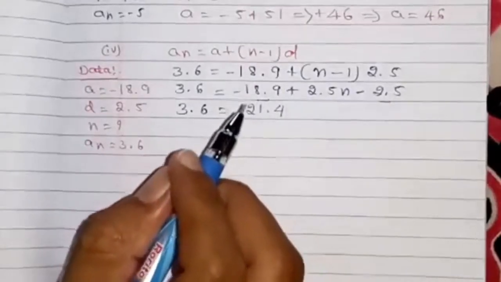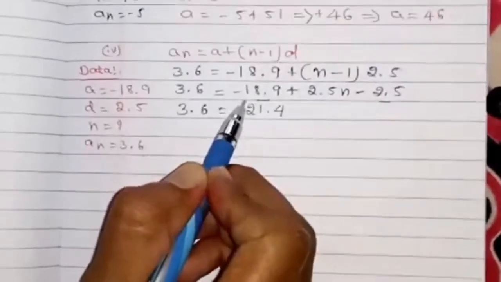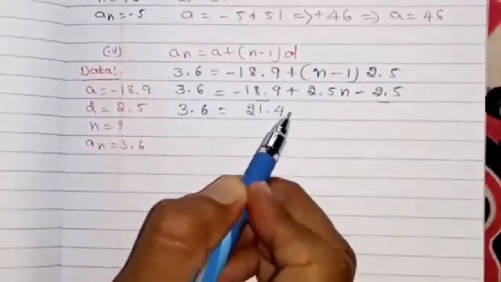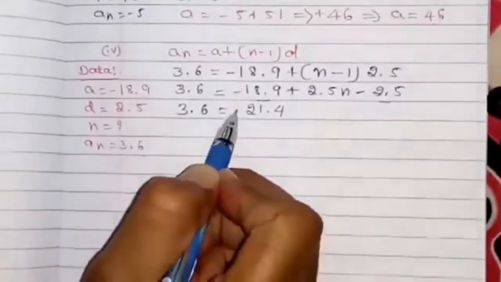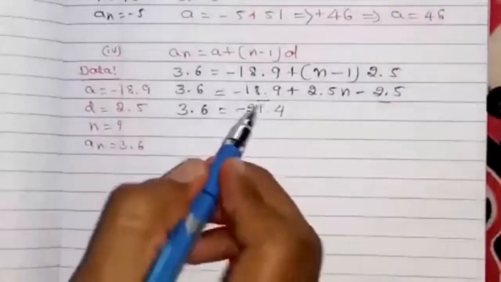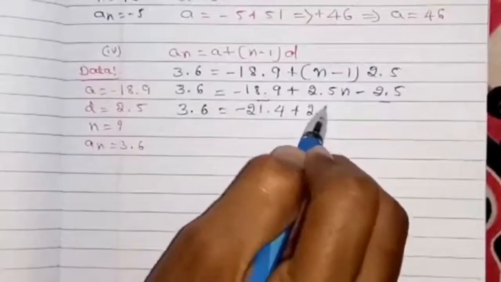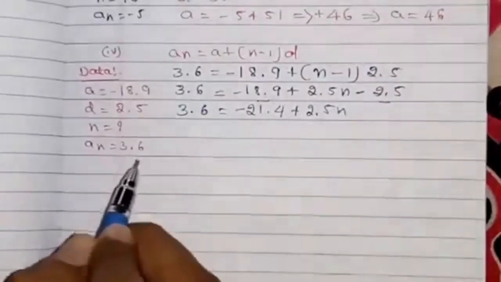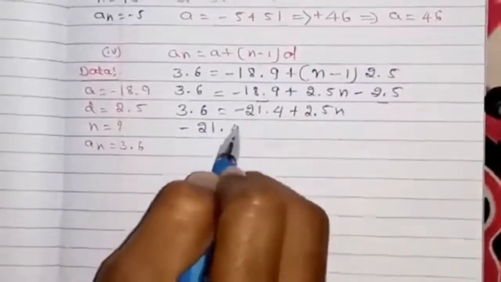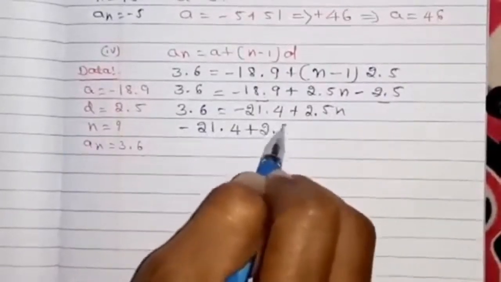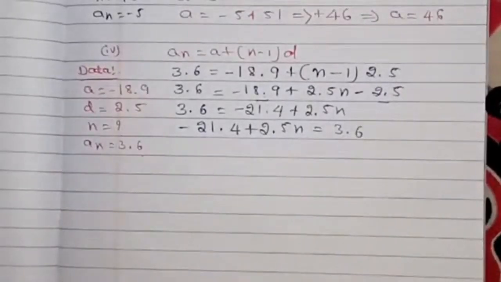Here you need to observe that you write the sign of the biggest number. 18.9 is the biggest number, its sign is minus, so therefore minus 21.4. That you need to observe and write down. Now plus 2.5n as it is. Children, now I'll interchange this: minus 21.4 plus 2.5n is equal to 3.6. I just interchanged, that's it.